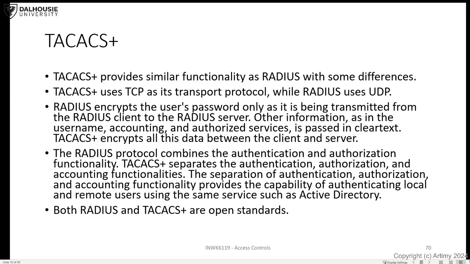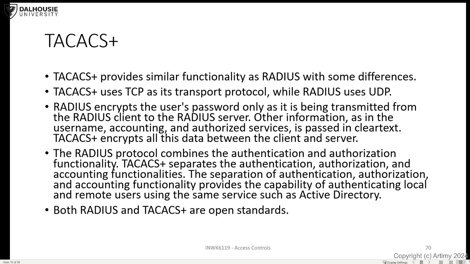As an improvement to Radius comes TACACS Plus. There is TACACS, which is a proprietary protocol. TACACS Plus is an open standard, right? So that's the difference. It improves upon Radius by using TCP as a protocol, while Radius uses UDP.